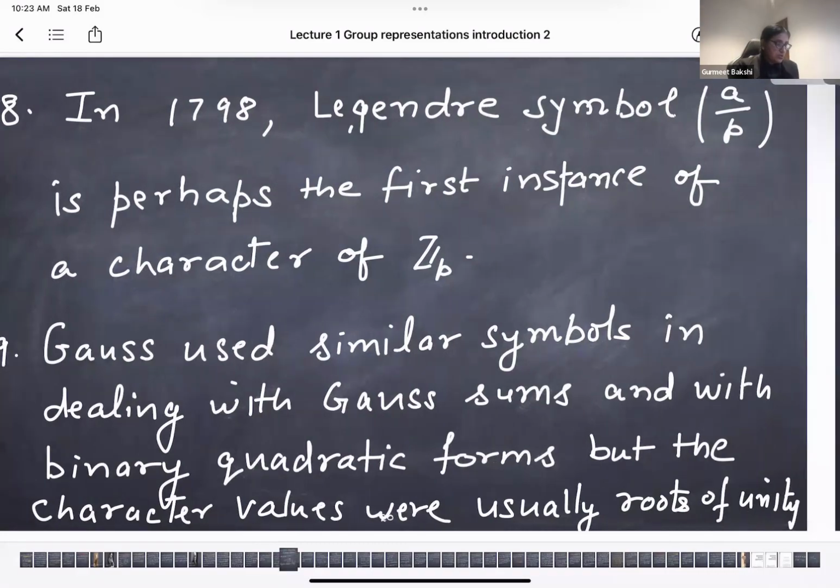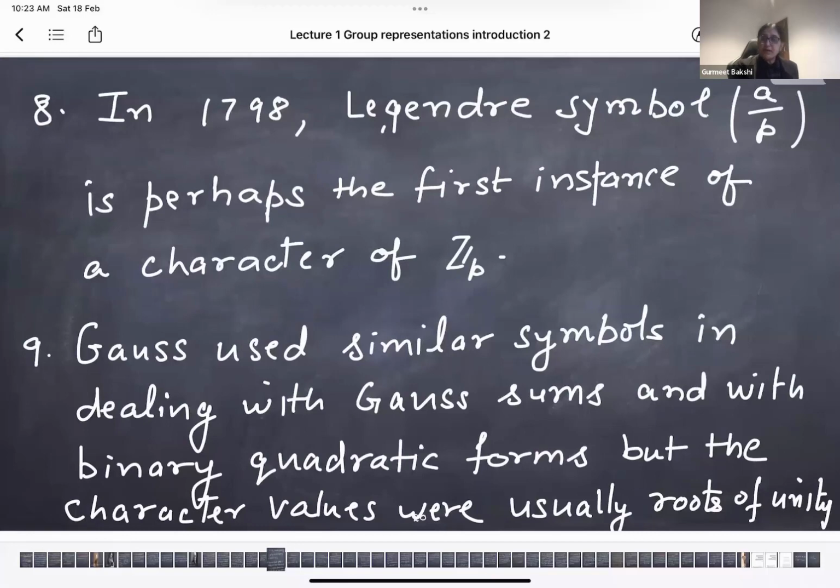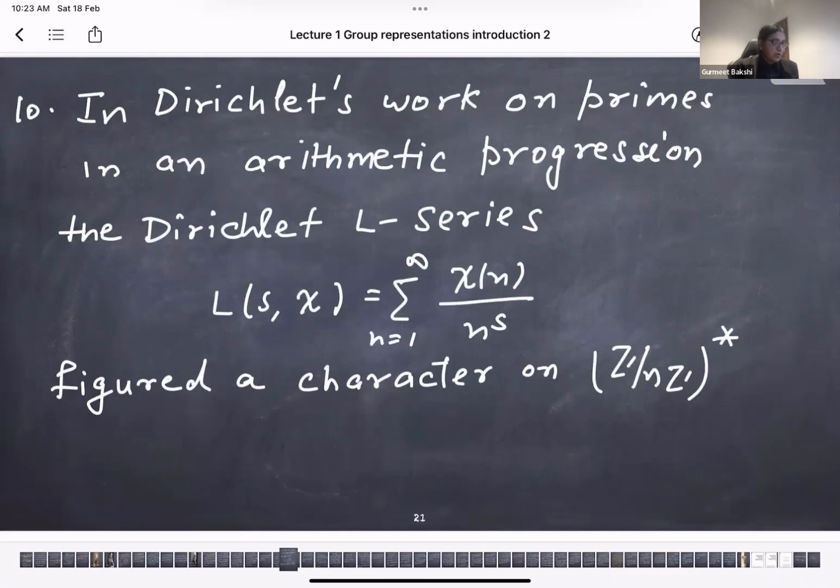So there was a numerical value assigned to the solvability of quadratic equations modulo p. Gauss used similar symbols in dealing with Gauss sums and with binary quadratic forms, but the character values were usually roots of unity. So initially, it was not that representations were defined first and then characters.